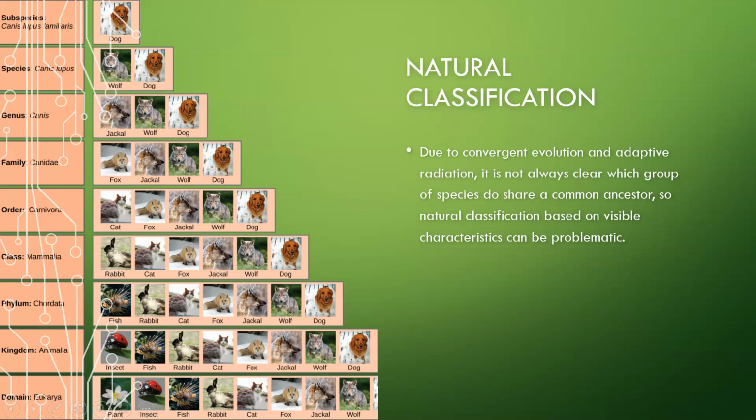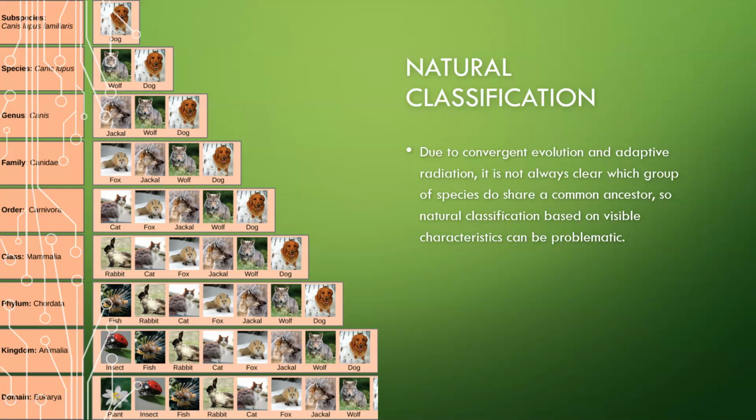Now, due to convergent evolution and adaptive radiation, which we looked at way back in 5.1, it is not always clear which group of species do share a common ancestor. So natural classification based on visible characteristics can be problematic. For example, we could look at a dog and a fox and say, hang on, they're the same species because they're quite similar.